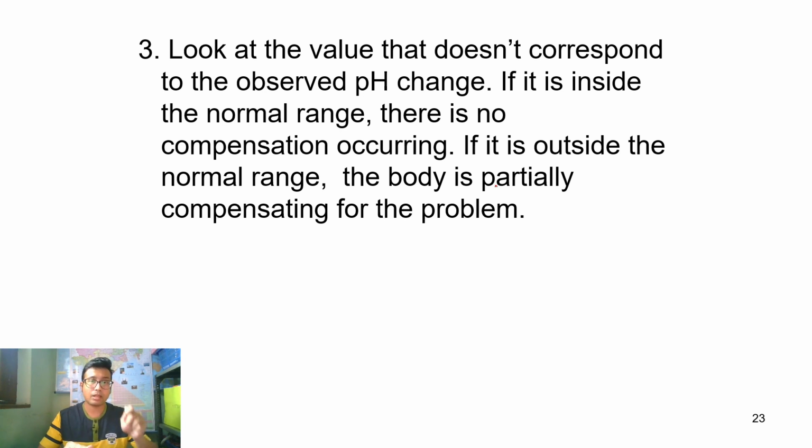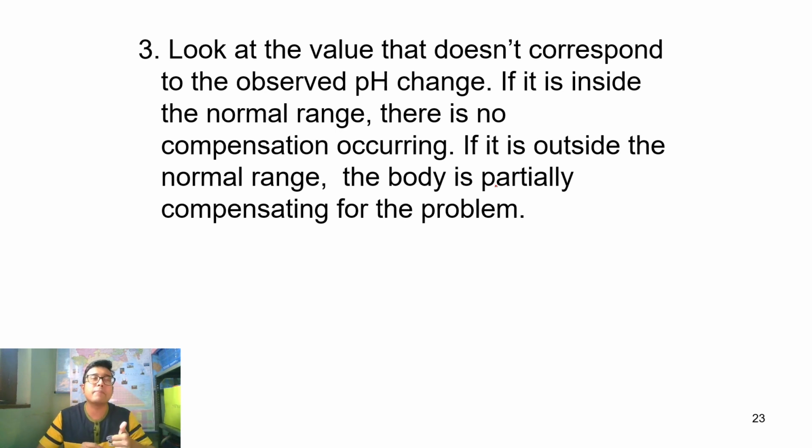However, if the bicarbonate value is not causing, or it is going in an opposite direction, it is a compensatory mechanism. And what happens if the pH value is almost near to the normal level? Then a disease is fully compensated. There will be still abnormalities in the value of bicarbonate and PCO2. However, if the pH is near normal, it means what?